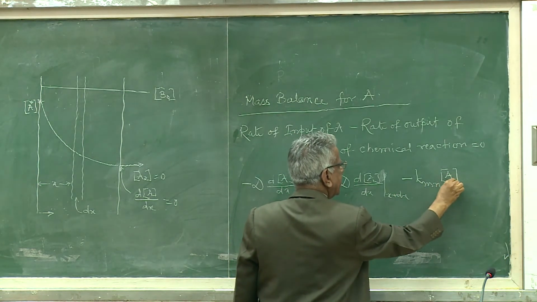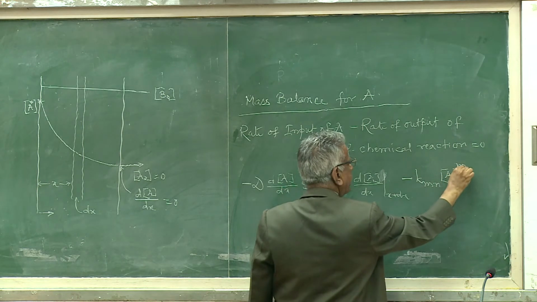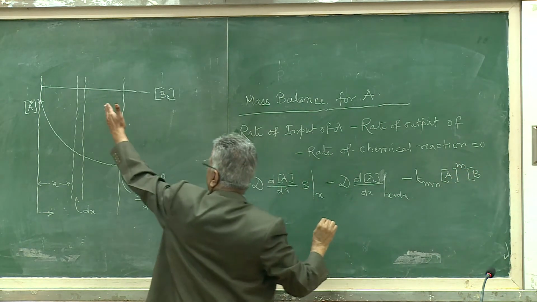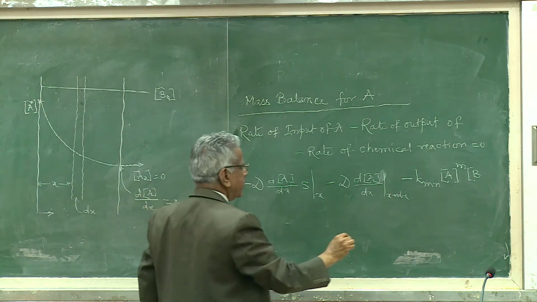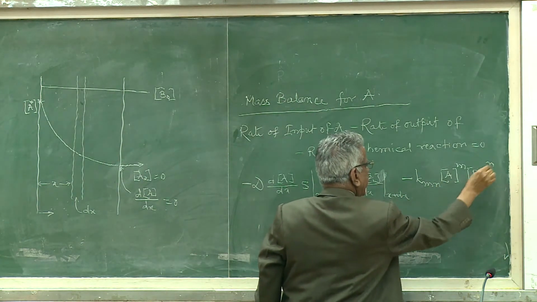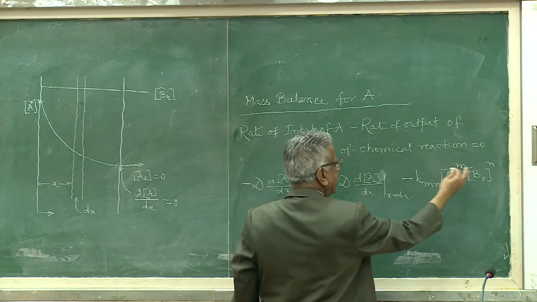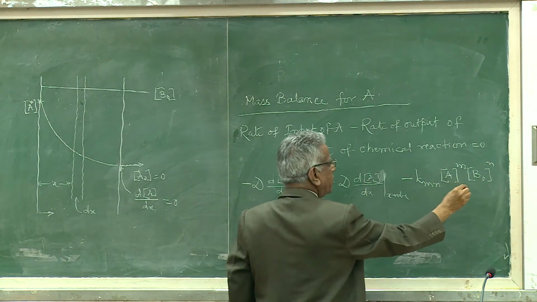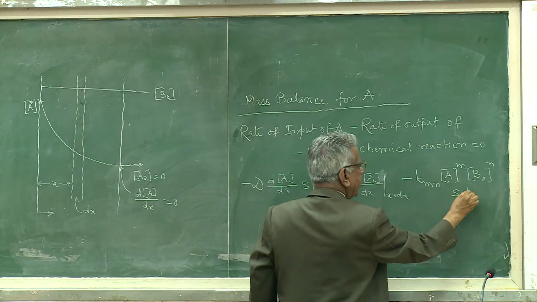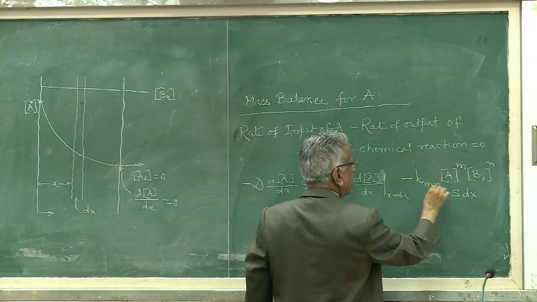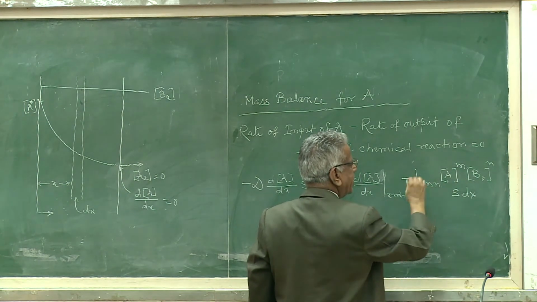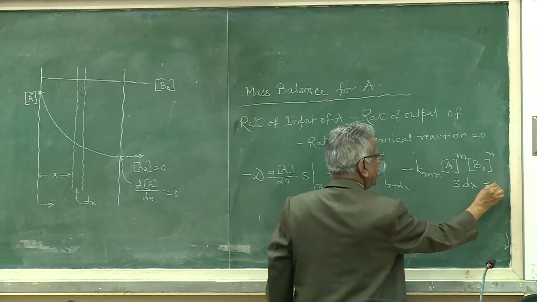Locally concentration is A raised to m, and concentration of B is B naught at this location also, so B naught raised to n. So, this reaction is occurring in the differential volume multiplied by S dx. This reaction is kilomoles per meter cube second multiplied by meter cube of that differential volume, is equal to 0.